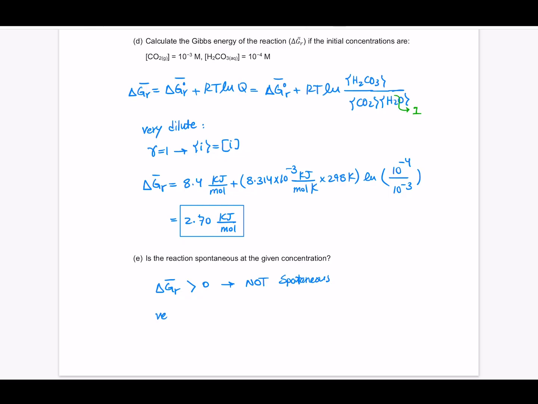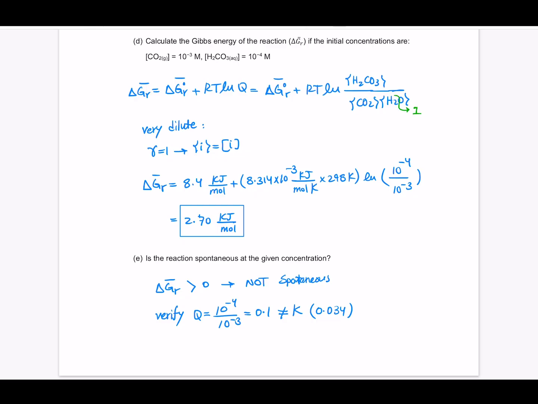We can actually verify this by saying Q, which is 10 to the minus 4 divided by 10 to the minus 3, which is 0.1, is not equal to K, which was 0.034.